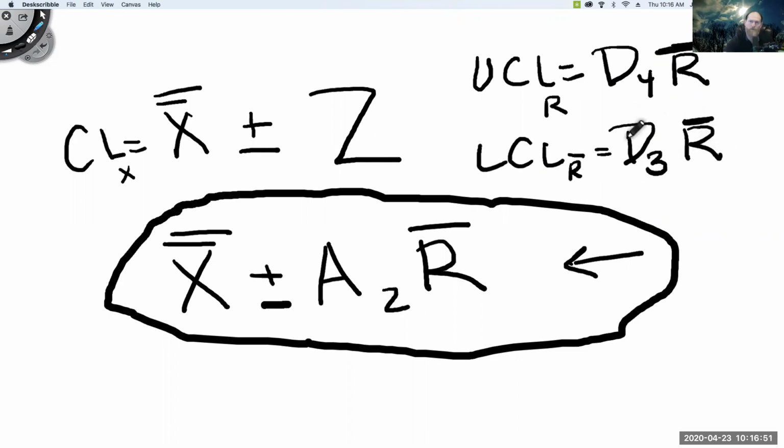So we don't want a plus and minus. I always like to think that D4 goes with the upper because it's bigger. That's my way of remembering it. But the point is, these formulas here are the counterpart to these formulas here, which are control limits for the mean. Okay?